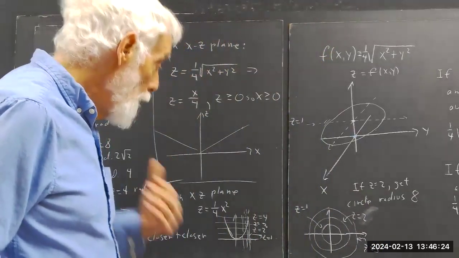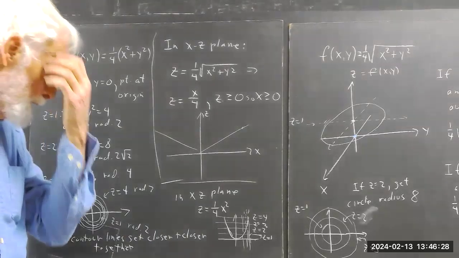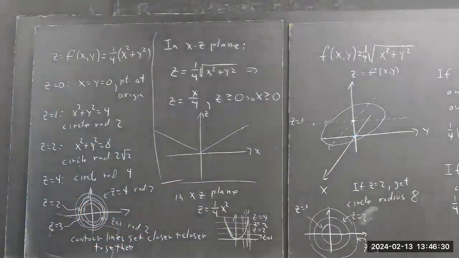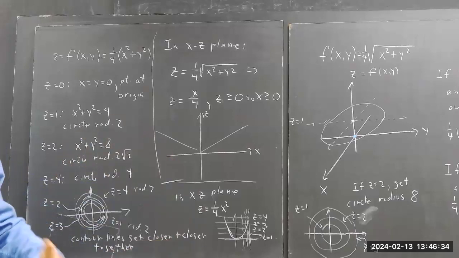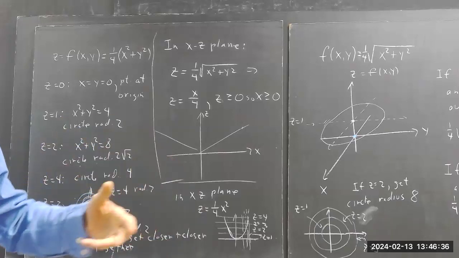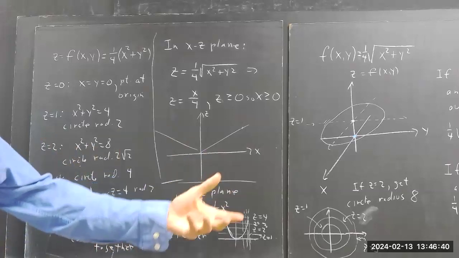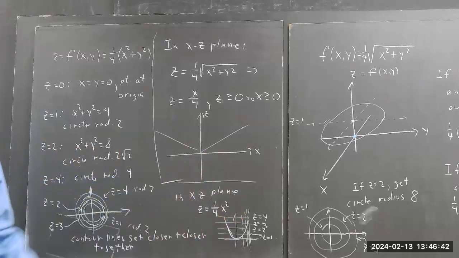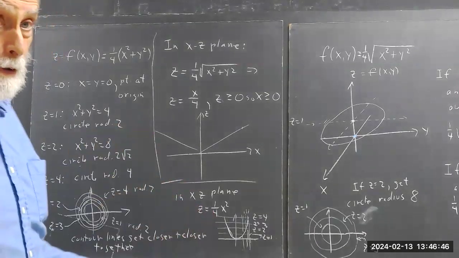If you have that, then in every one of these planes, you're going to get either an ellipse, a parabola, or a hyperbola. The ellipse might be a circle. Okay. So these things get looking pretty weird.